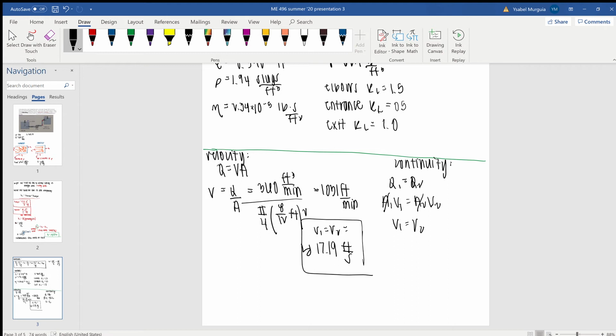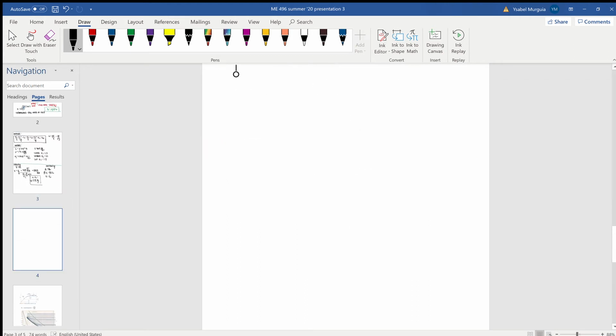Next, I can solve for the Reynolds number. Solving for Reynolds number will help me define whether the flow is laminar or turbulent. It could also be transitional, but in this class we are not studying transitional flow, so it will either be laminar or turbulent. That is why we're using the Reynolds equation for the dimensionless analysis: rho VD over mu.